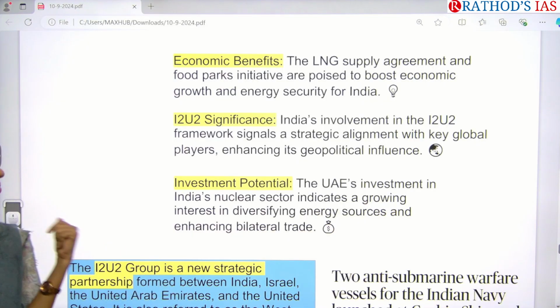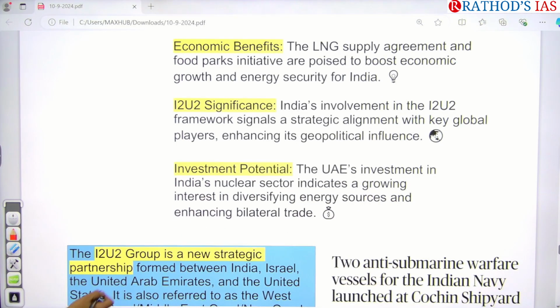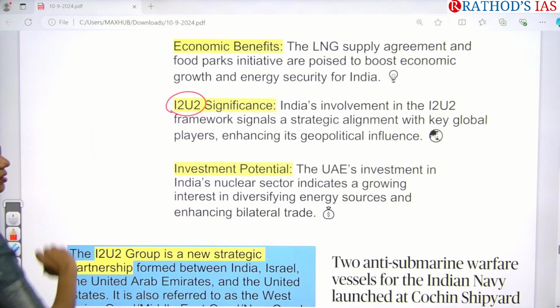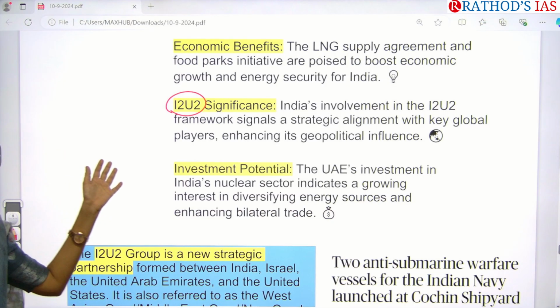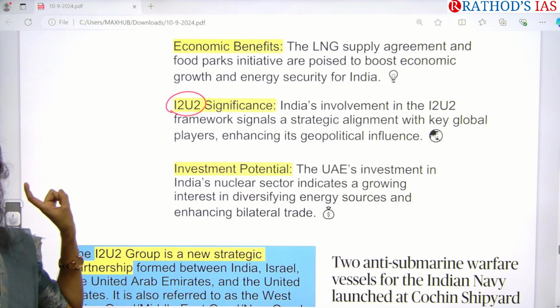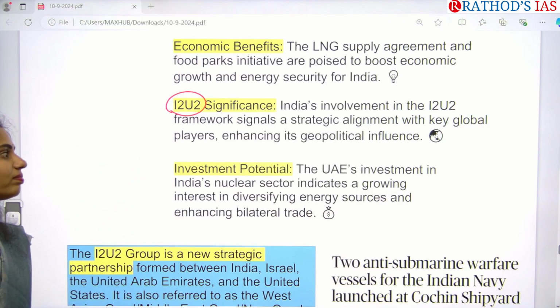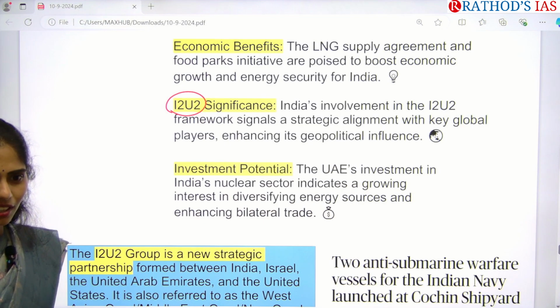Is it so or not? And do you know about I2U2? What is this grouping? I2U2. One I is Israel, the other I is India, one U is UAE, and the other U is USA.